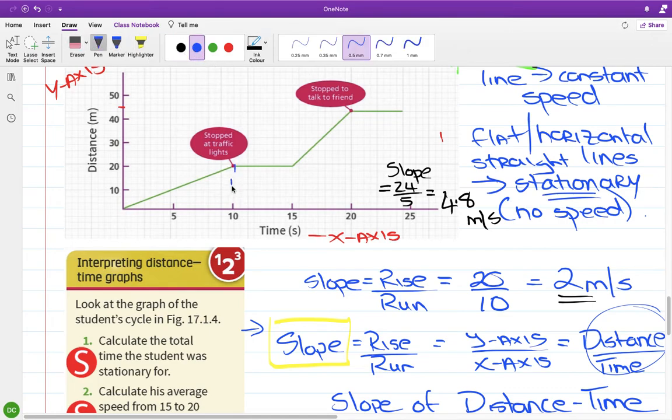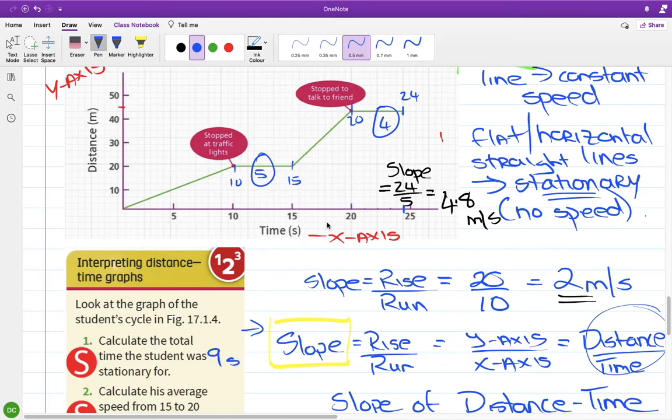So that's from 10 to 15. So that's 5 seconds. And then up here it was from 20 to about 24, so that's 4 seconds. So that is a total of 9 seconds.